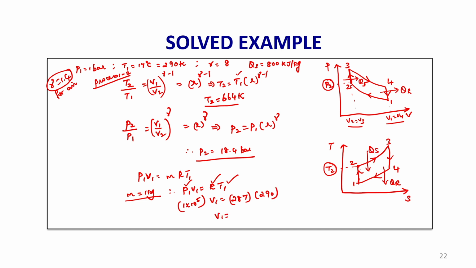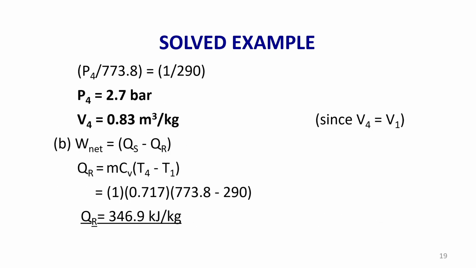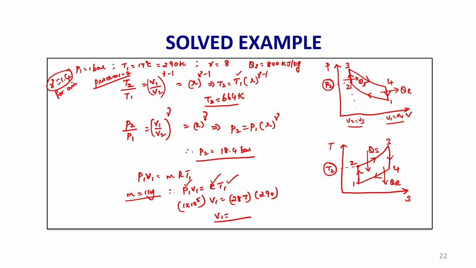From this you will get the value of V1. So, V1 is 0.83 meter cube per kg. Actually it should be small v, which refers to the specific volume per unit mass, 0.83 meter cube per kg.